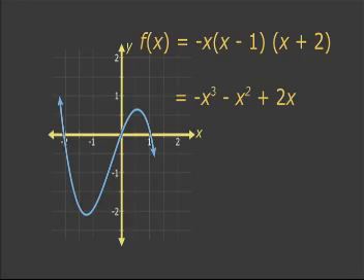The leading coefficient is negative, and the exponent is odd. So, the graph moves up to the left and down to the right. Then, the curve crosses the x-axis at x = 0, 1, and −2. So, the graph looks like it is shown here.